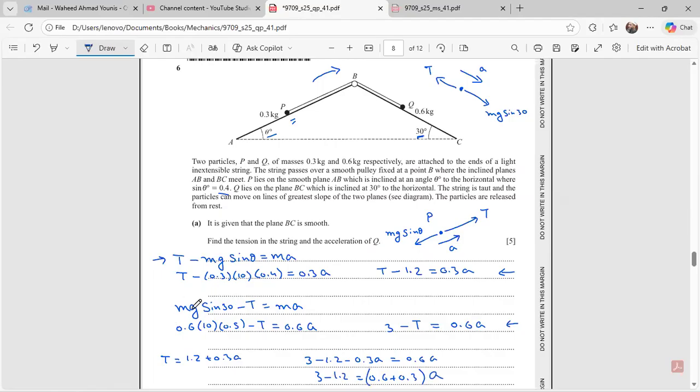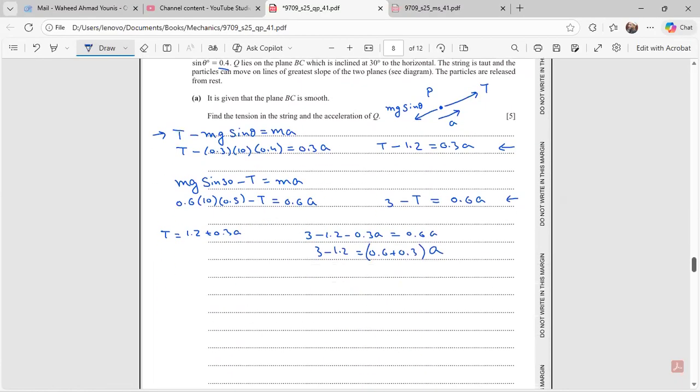This will give me the value of a: 3 minus 1.2 is 1.8, 1.8 divided by 0.9. So a is 2 meters per second squared.